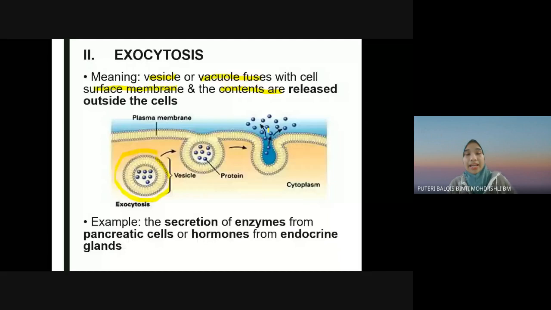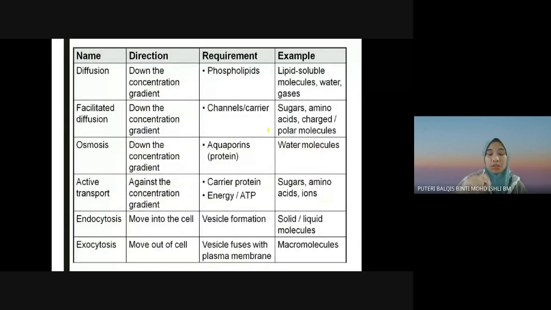Okay, and you can include the short notes. Endocytosis, saya beritahu tak ada kot dalam lecture note. Endocytosis and exocytosis are the processes that require ATP.